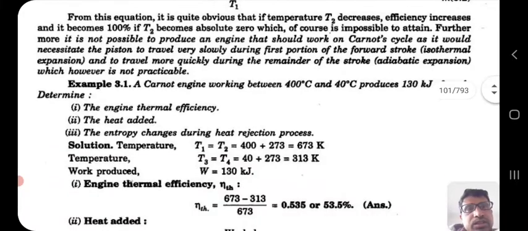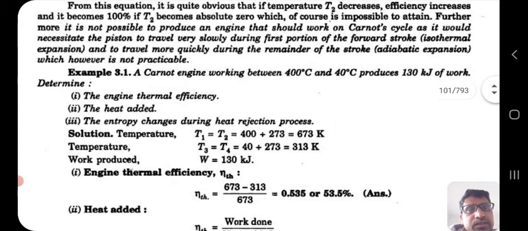From this equation it is quite obvious that if temperature T2 decreases, efficiency increases and it becomes 100% if T2 becomes absolute zero, which of course is impossible to attain.